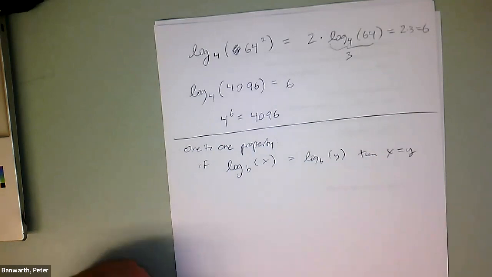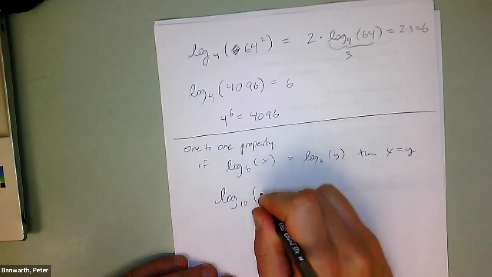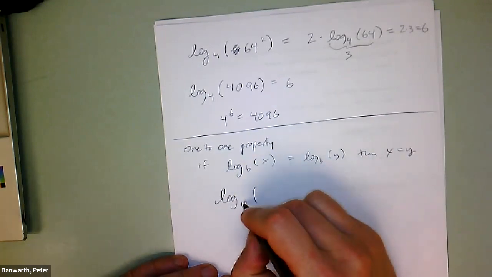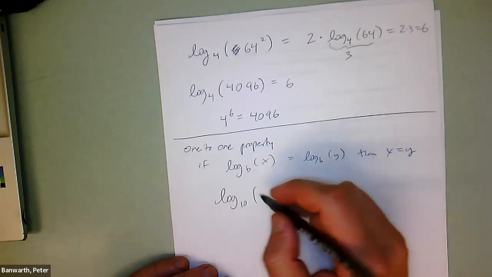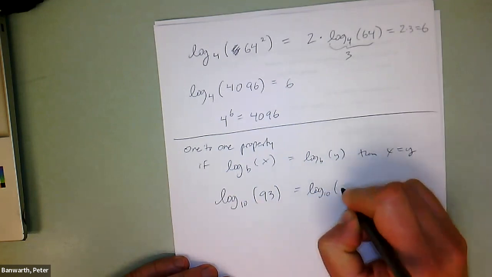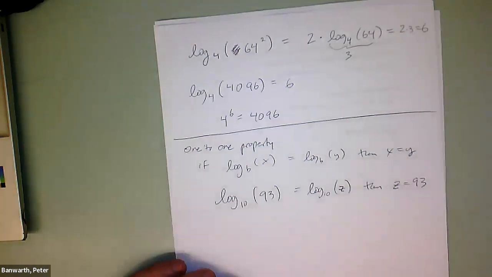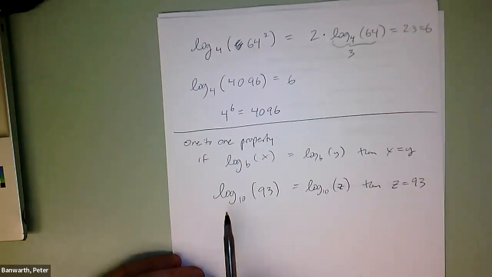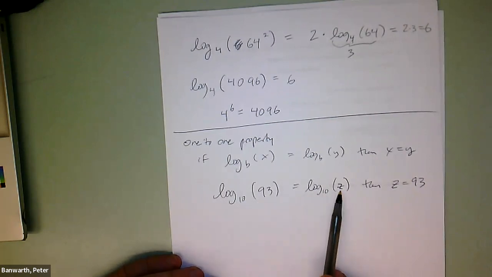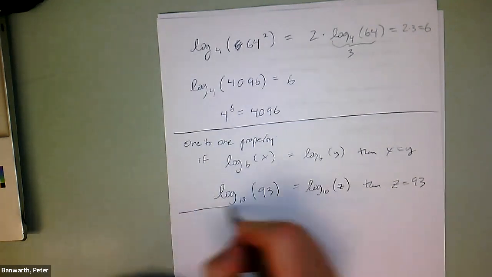So just as an example here, if I have log base 10 of 93 equals log base 10 of z, then z has to equal 93. And that's very handy because when you're solving equations, if you get down to where you have a log of something equals a log of your variable, then the inputs must be the same. And this is more one for practice to see how it works.